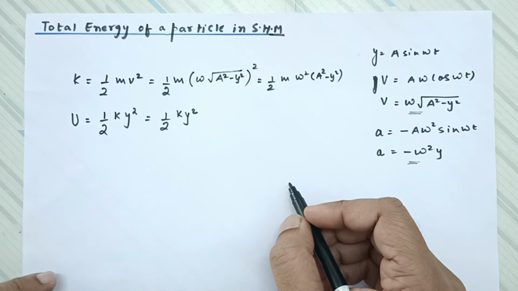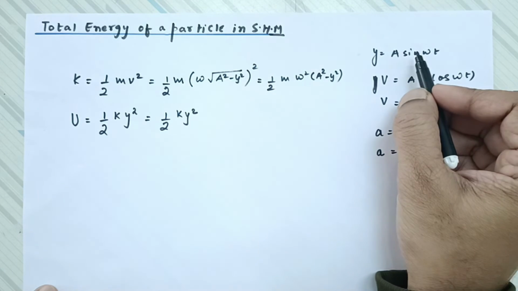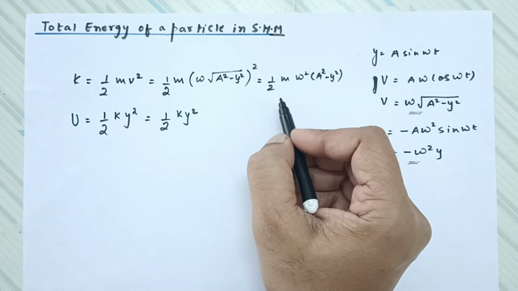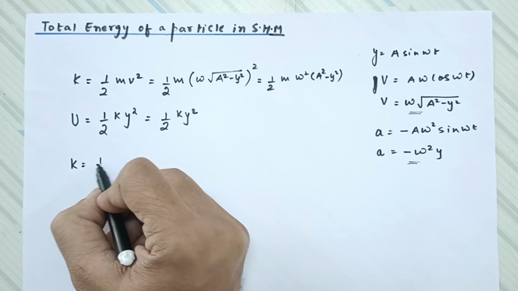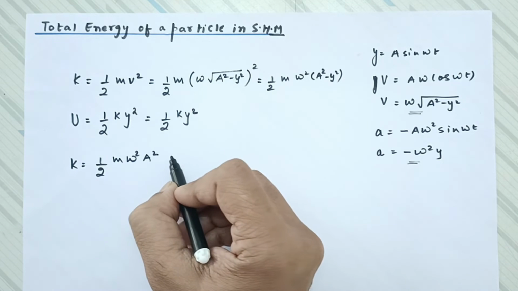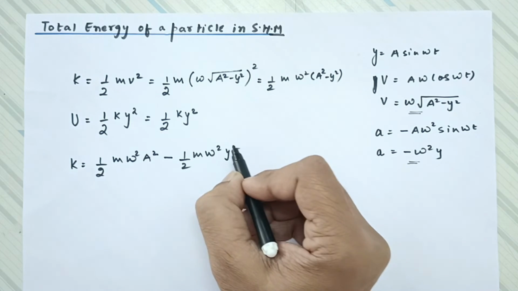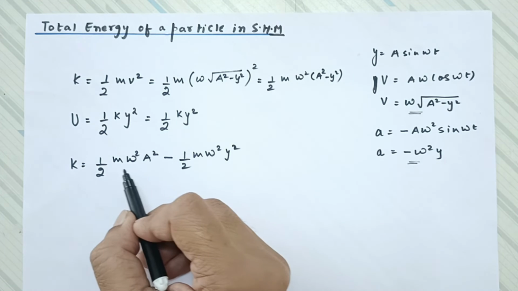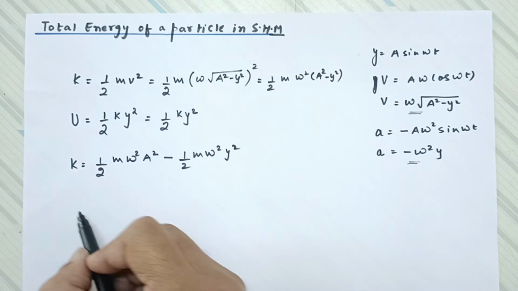In most of the textbooks, what they do is they substitute these expressions over here. So let me write that kinetic energy equation in terms of the sine and cosine functions. Half m omega square a square minus half m omega square y square. Now, in the last lecture, I had discussed that m omega square is k.